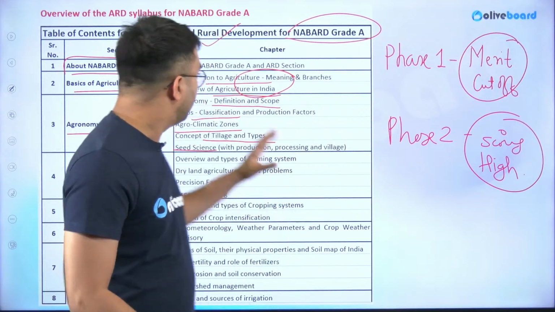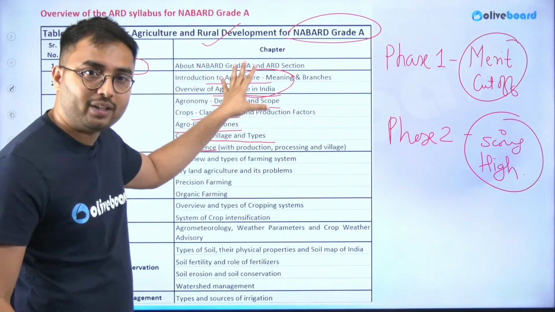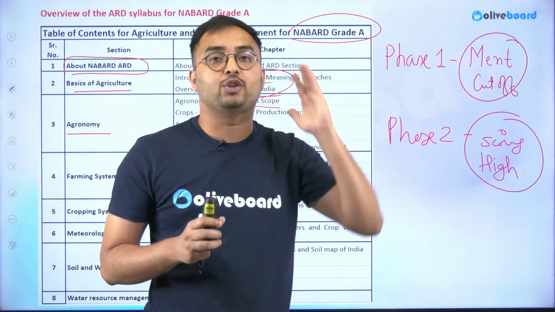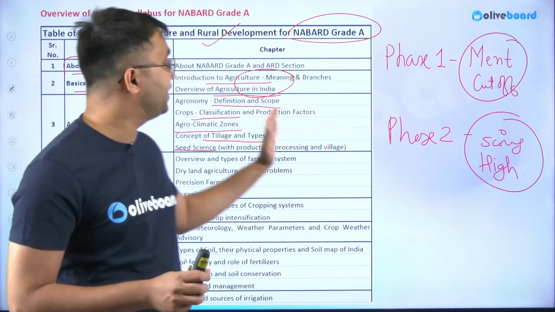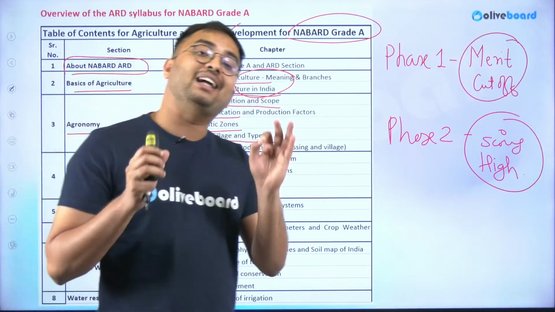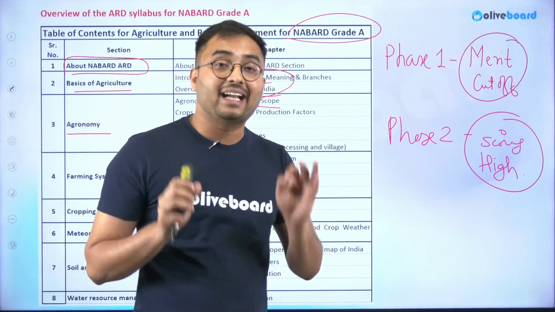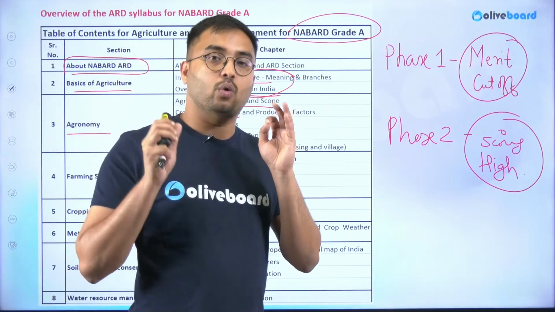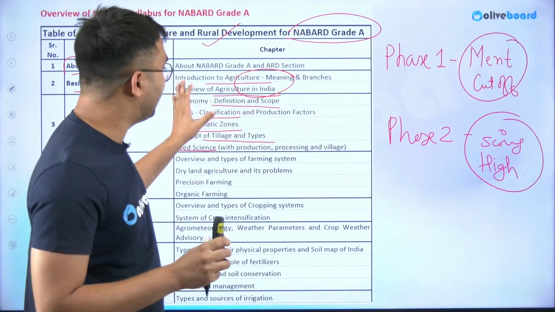Again I will repeat, this is not the syllabus of the agricultural stream which most graduates in the country are doing. This is the overall curriculum of the NABARD Grade A complete course for the agriculture and rural development subject. So clearing the overall exam is our intention.